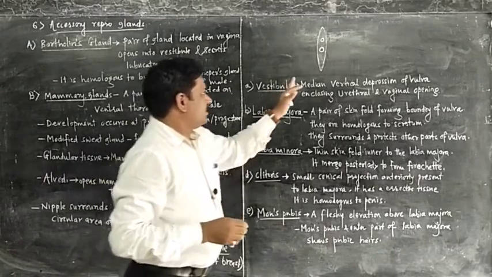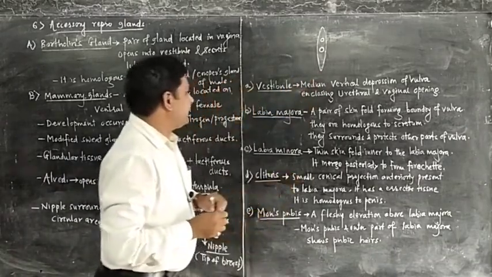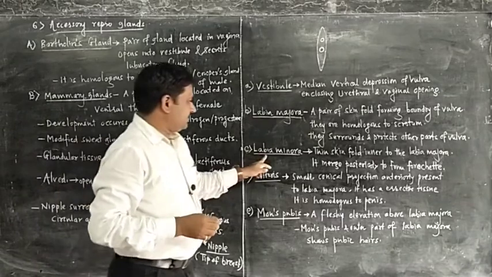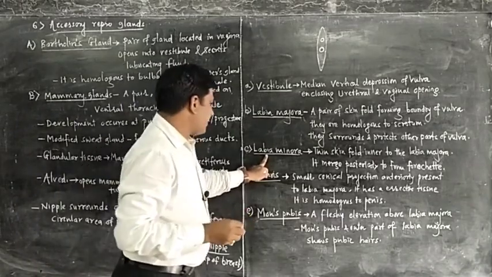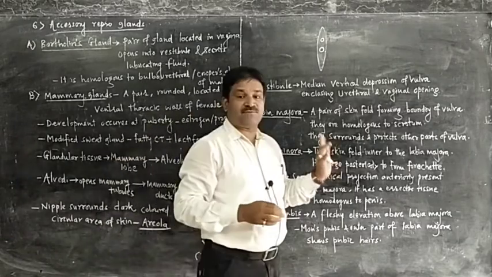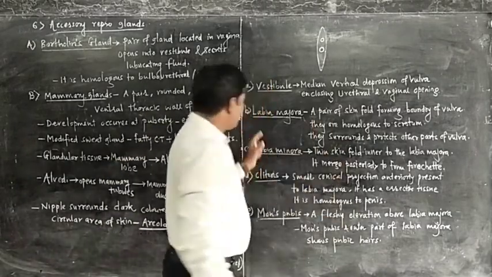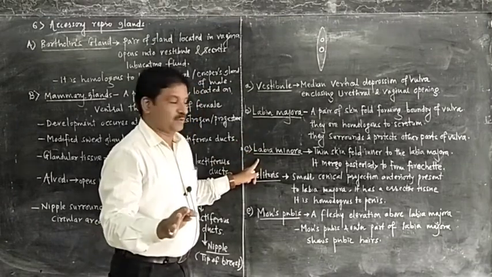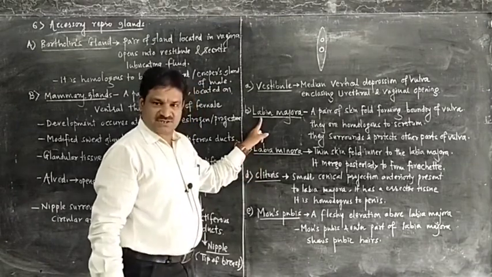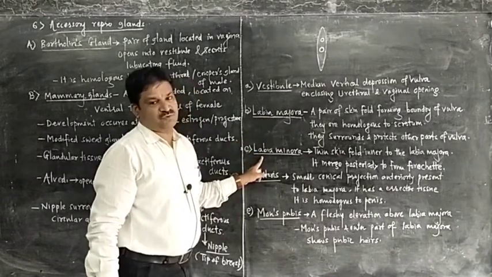This central or median part is surrounded by the labia minora. Labia minora means what? It is the thin skin fold. Both the labia majora and labia minora are skin folds. This is the outermost skin fold and this one is the innermost skin fold.